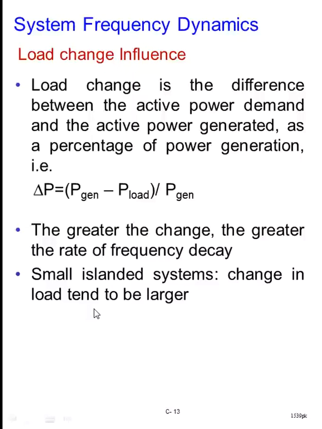Whenever you have a change in the load, it will result in a larger decay of frequency. So for an isolated system, it is a more critical and more serious issue whenever you have a load change, because the decay of the frequency will be much more.